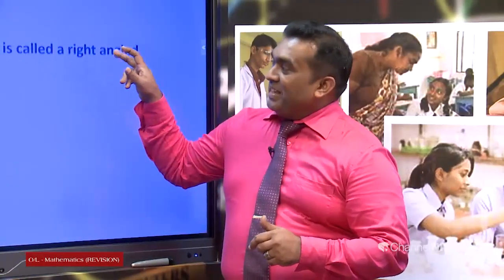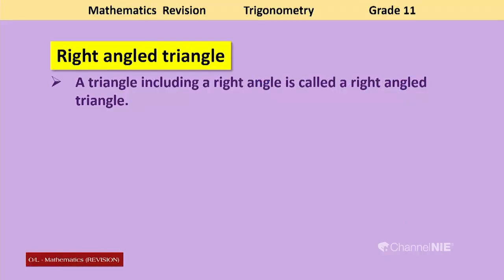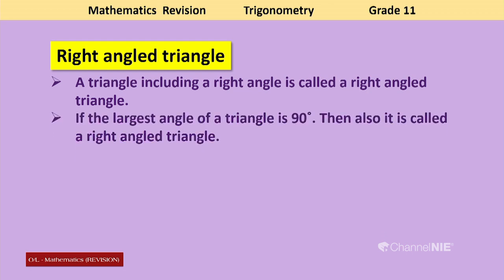Understood? A triangle including a right angle is called a right angled triangle. If the largest angle of a triangle is 90 degrees, then also it is called a right angled triangle.